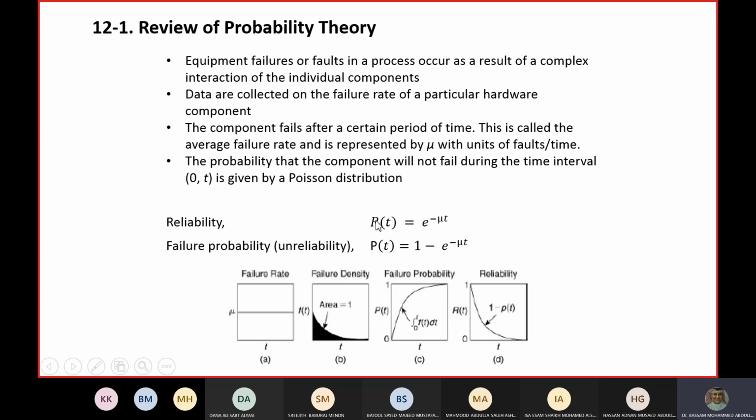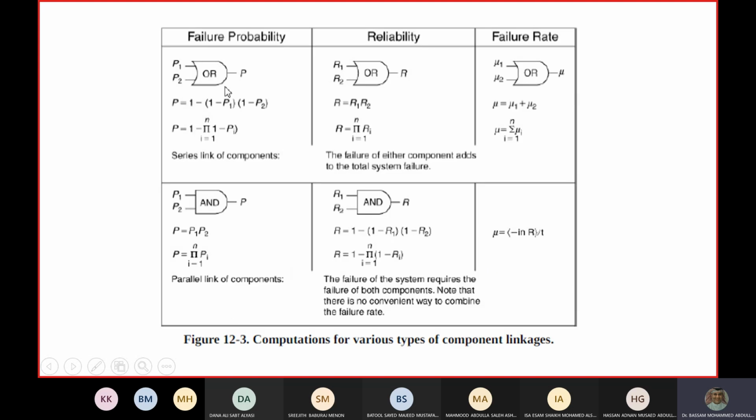That means your valve is 90% reliable. It's just the subtraction, 1 minus the other part. I explained that before in detail, but I'm just explaining the terms again. So reliability is exponential: e to the power of minus mu t. Probability of failure is 1 minus e to the power of minus mu t.